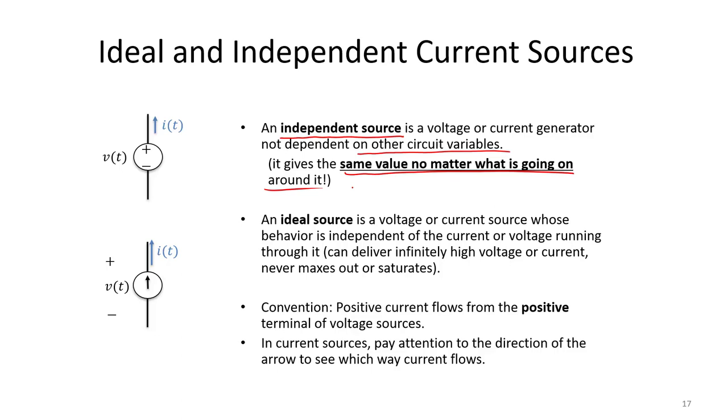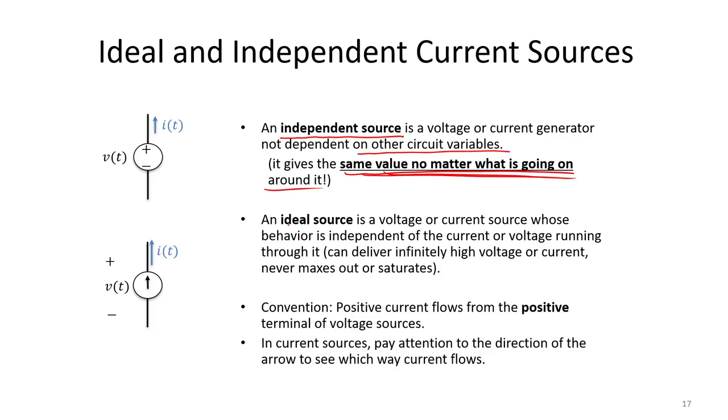So if it's a 2-volt source, it's always going to give you 2 volts, even if you have a million resistors connected to it. It doesn't care what's happening, it's always going to give you the same value. As you might expect, this may or may not be physically possible all the time, but it's an assumption that can help us simplify things.